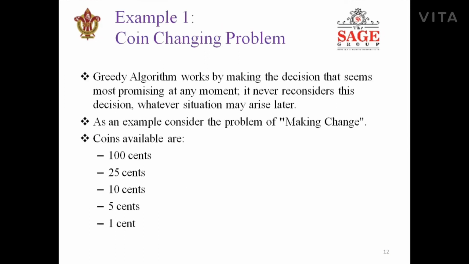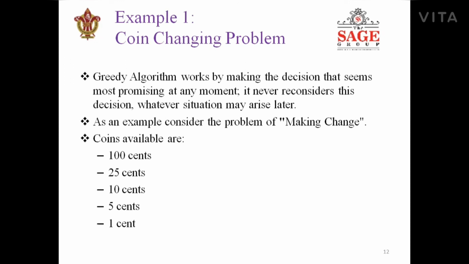So there are different examples of the greedy technique. The first example is the coin changing problem. The greedy algorithm works by making the decision that seems most promising at that moment. It never reconsiders this decision, whatever situation may arise. Okay, so here is an example of making change.